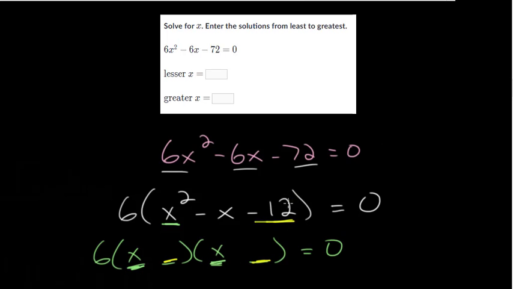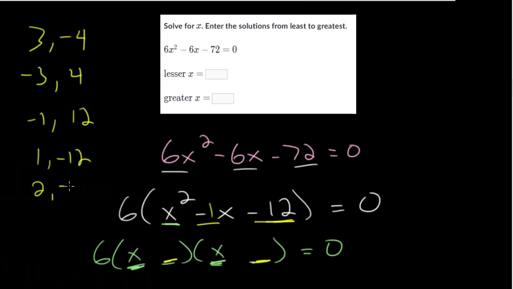So let's write down the factor pairs of negative 12. And those factor pairs will have to essentially add together to give us negative 1, the coefficient on the x term. So for negative 12, it could be 3 and minus 4, or minus 3 and 4. It could be 1 and 12, where one of them's negative. So minus 1 and 12, or 1 and minus 12.